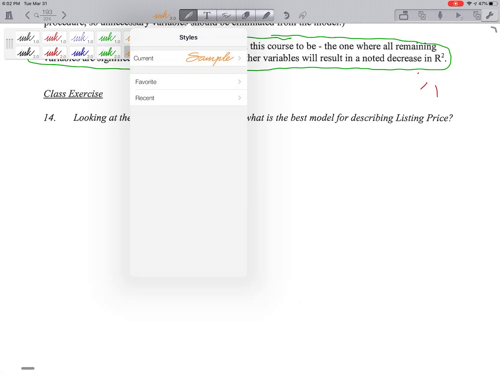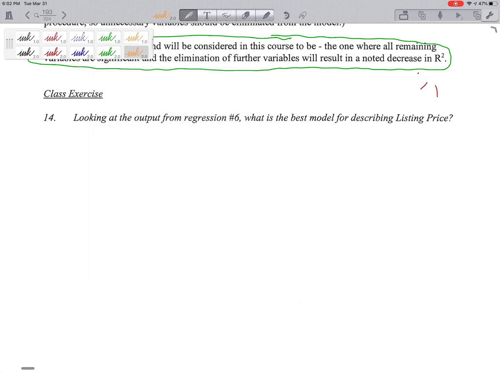And so we can just conclude here that step 5 is the best. And that's where you had the listing price is some function of the square footage and fireplaces. I'm not going to write out the whole equation. You can do that.